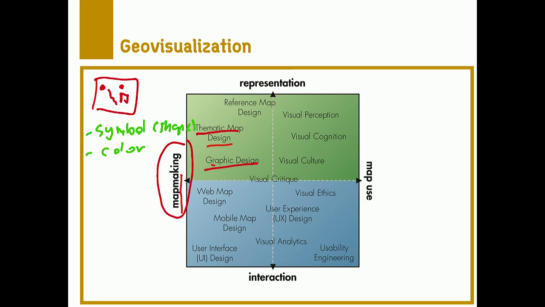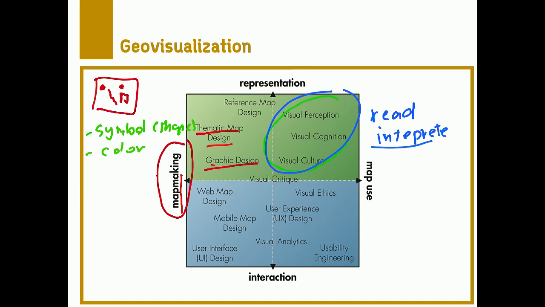And of course, everything is related to visual perception, visual cognition, visual culture. It means that they can read or interpret the map by understanding clearly in terms of the data, clearly in terms of the meaning, and also it needs to be beautiful as well, right?